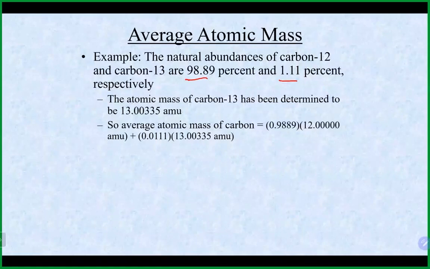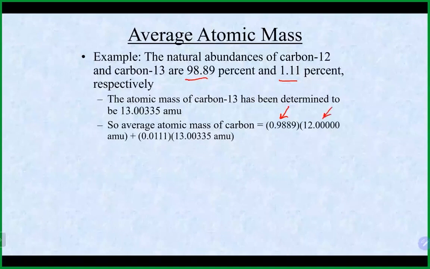In this case, we would take the first isotope, which is our carbon-12, and we would convert the percentage into a decimal. You could do that by moving the decimal place 2 places to the left, or divide it by 100, which will move it for you 2 places to the left. We times it by the atomic mass of the carbon-12 isotope, which is 12.